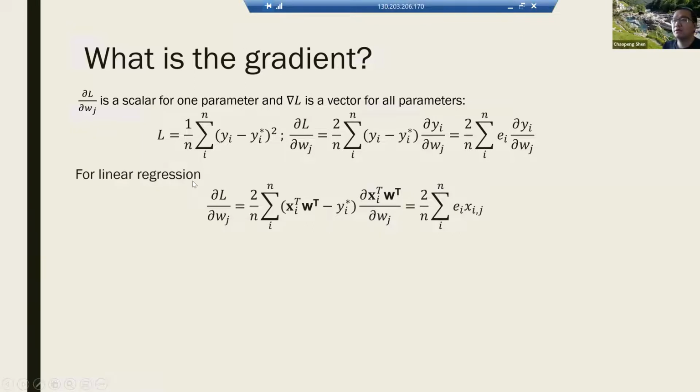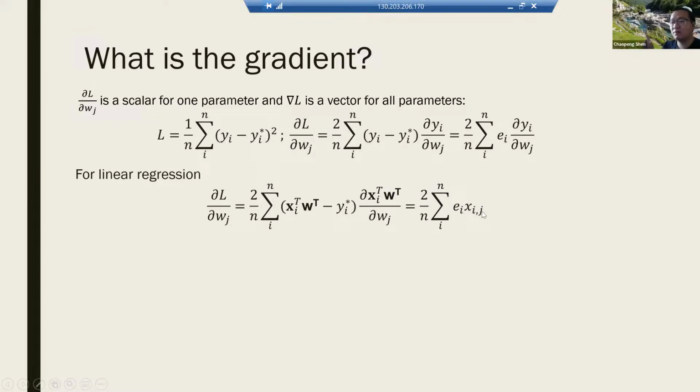Now further introducing the model, which is the linear regression. It is x times w, a simple matrix multiplication. For the ith data point, we apply the same formula and substitute it in here. You realize this is still ei, the error, but this term is simply a multiplication, and the derivative of that multiplication with respect to wj is simply xij.